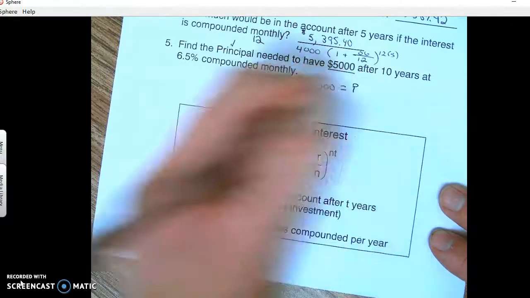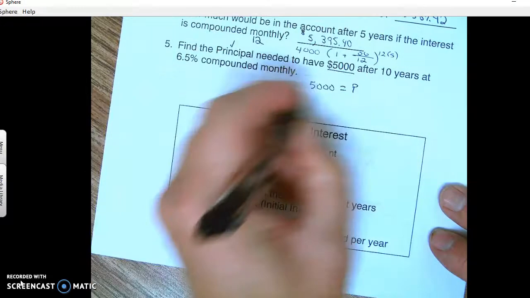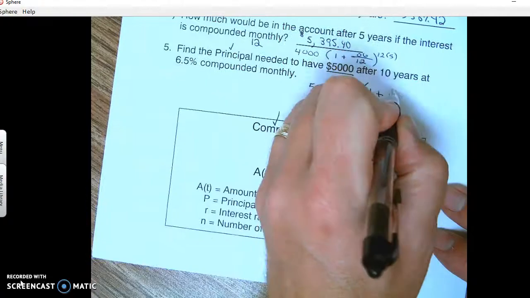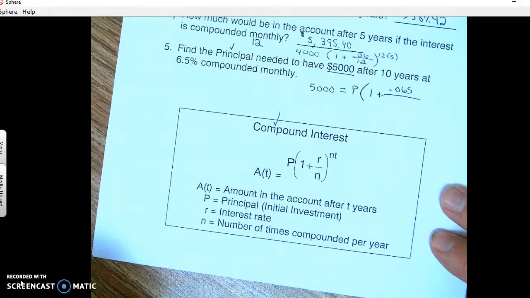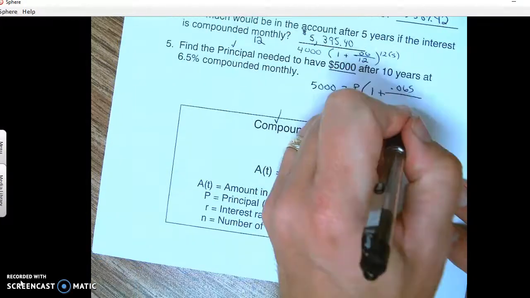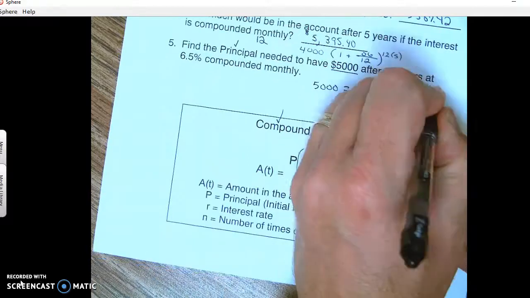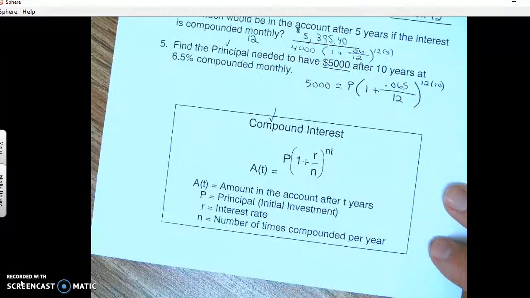We're looking for P. And so we're going to fill in the rest of this. It's 1 plus the rate. And it's compounded monthly, so 12. And then 12 times 10. And we're trying to solve for P.